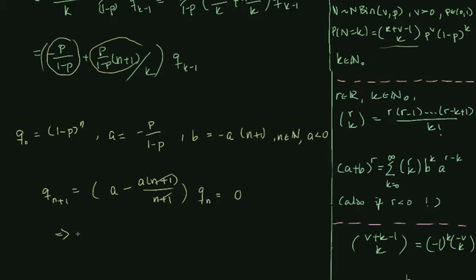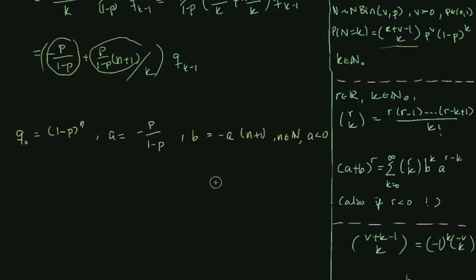And this will then imply that qn plus 2 is equal to 0, qn plus 3 is equal to 0, and so on until infinity. So this recurrence relation is indeed something that holds for the binomial distribution, since it also allows us to conclude that all k's greater than n have a point probability of 0.